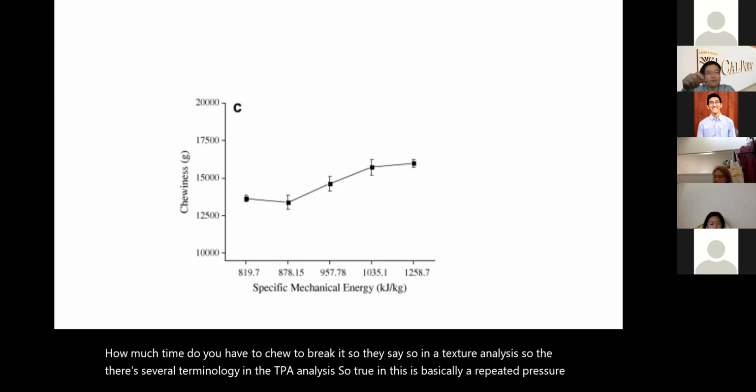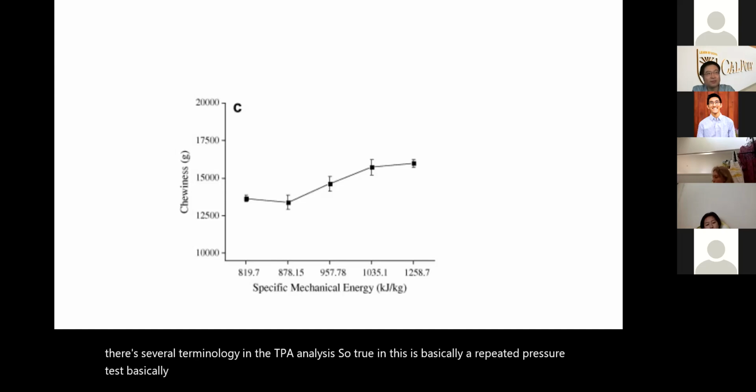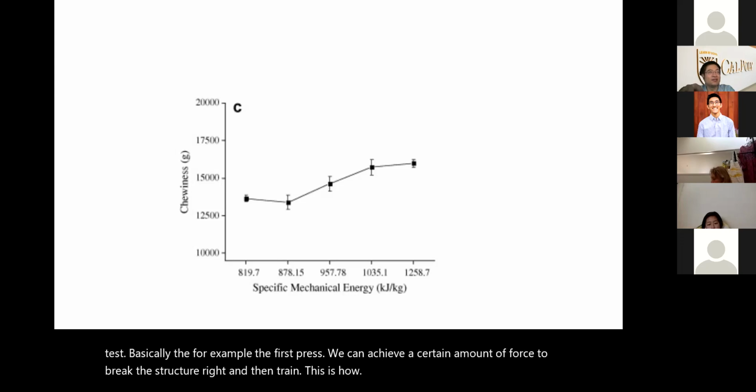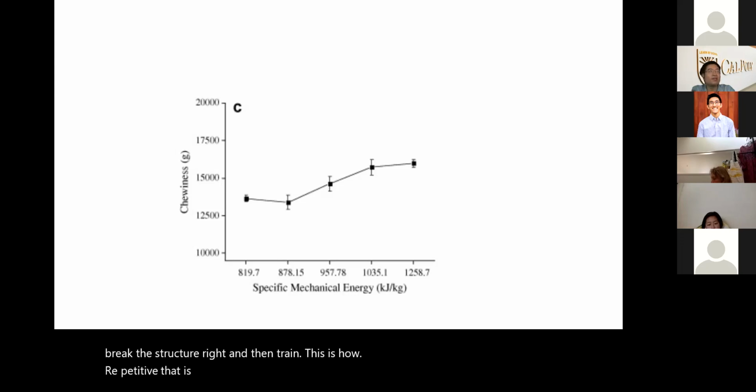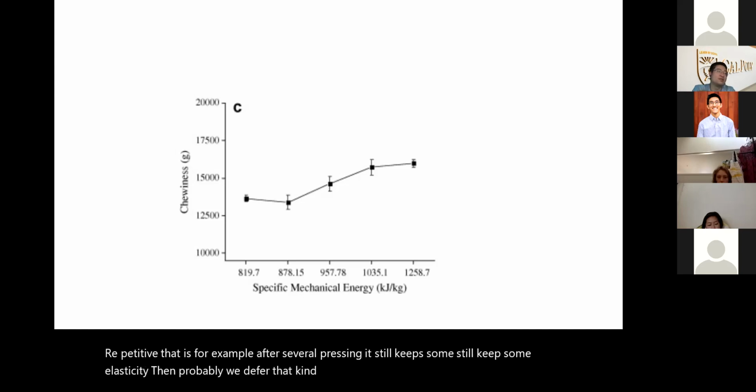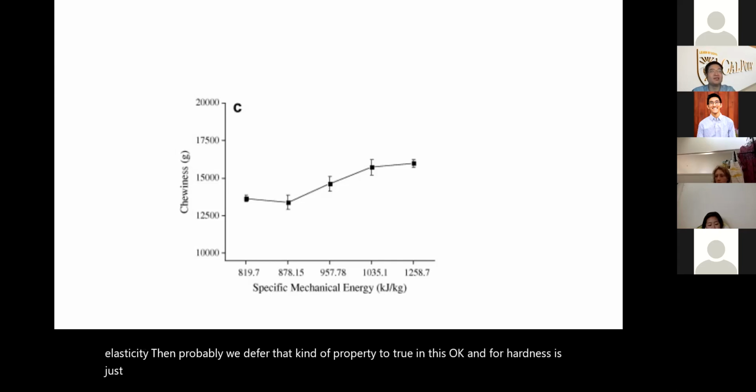For example, with the first press, we can achieve a certain amount of force to break the structure, right? And then chewiness is how repeatable that is. For example, if after several pressings it still keeps some elasticity, then we would attribute that kind of property to chewiness. And for hardness, it's just a one-time pressing test.